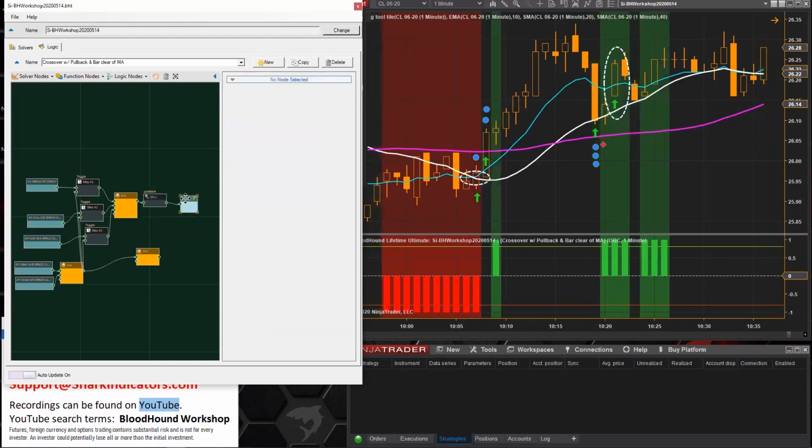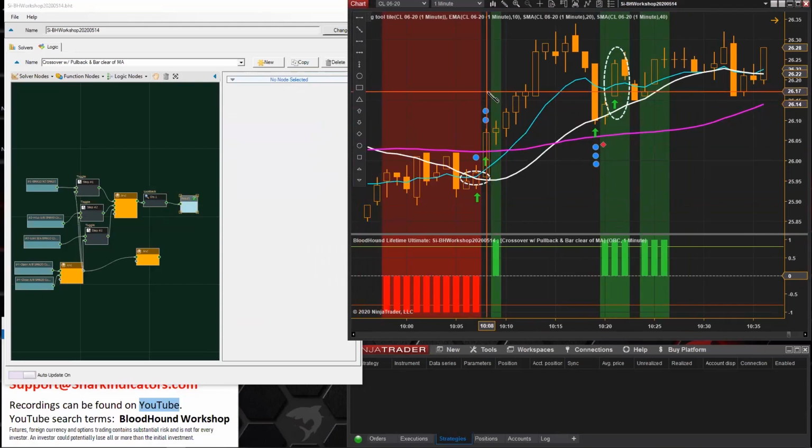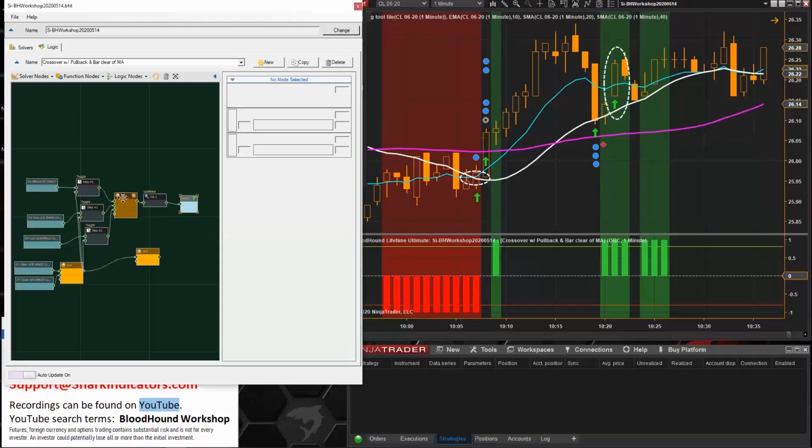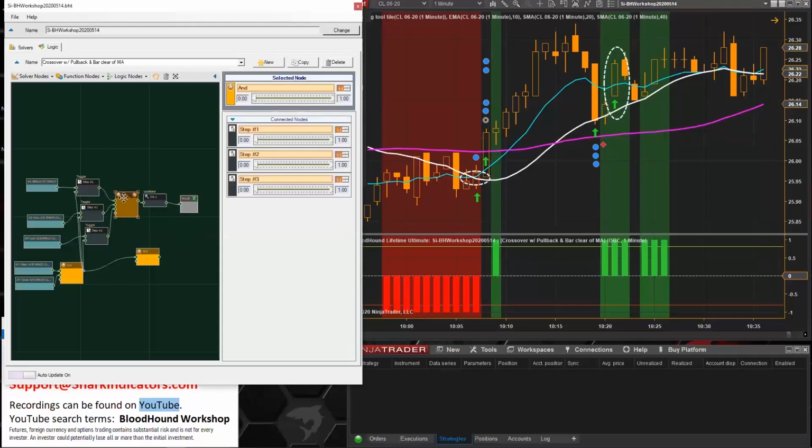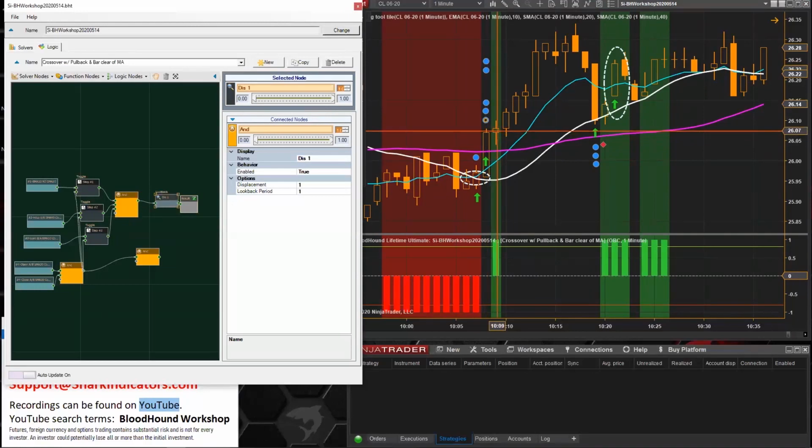So if we look at this, let me just put a few dots up there to remind us. All right, so there we go. This is step 2, and also it is step 3. I took the signal from our AND node, and using the look back node, I shifted it forward one bar.